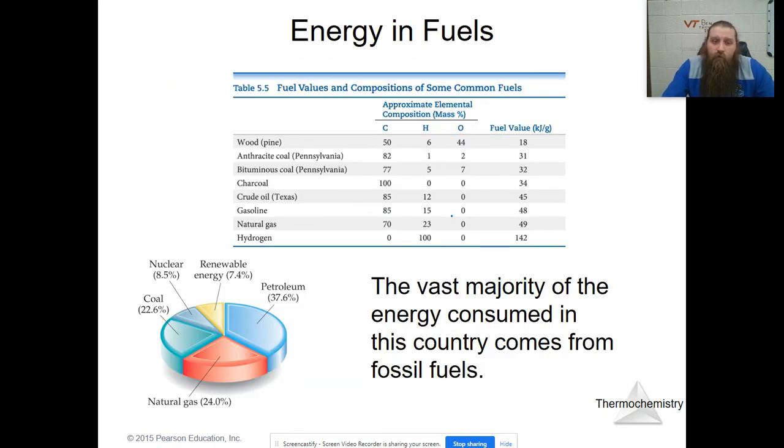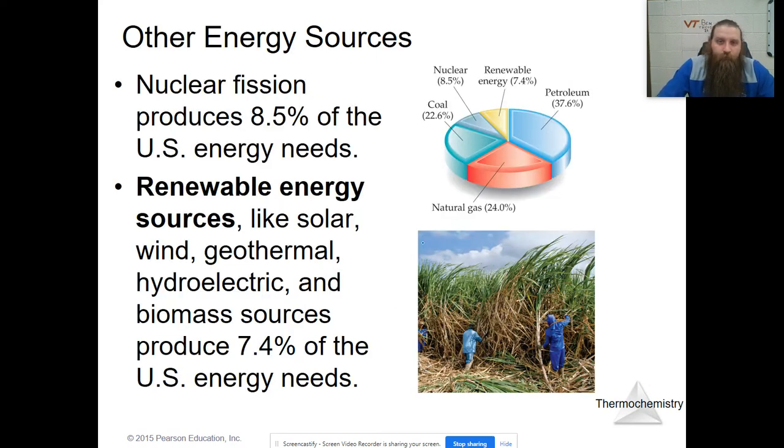You can also use it in the industries that look at fuel consumption, right? So, burning wood or burning coal or burning oil or burning hydrogen, right? Look at the fuel value for burning hydrogen compared to everything else here. That's kind of important, right? You could find a more useful fuel for whatever you're doing.